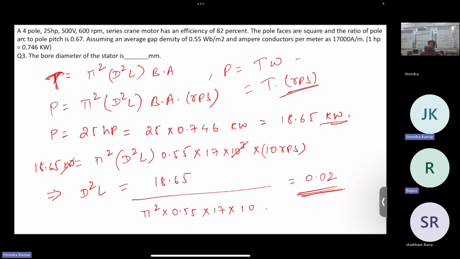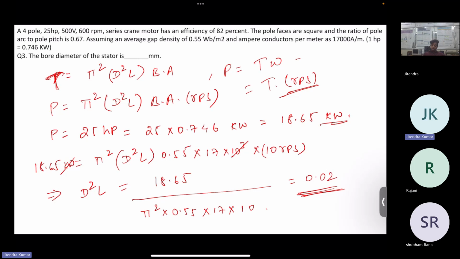It is a series crane motor. From the ampere conductors, the electric loading given, we can get the current from this relation. Or the other way around, power and voltage are given, so you can calculate current.